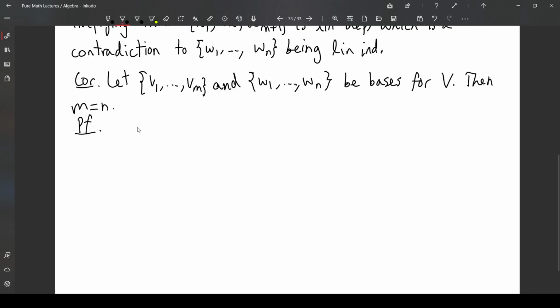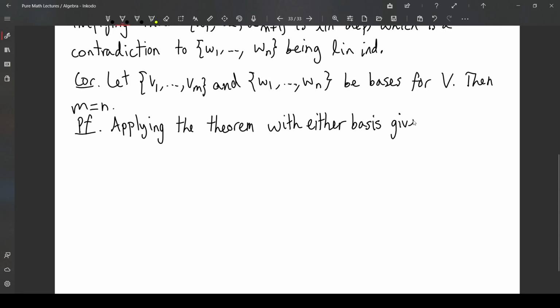And the proof is really simple. Essentially applying the theorem with either basis gives m is less than or equal to n, and n is less than or equal to m, so m equals n. Okay.